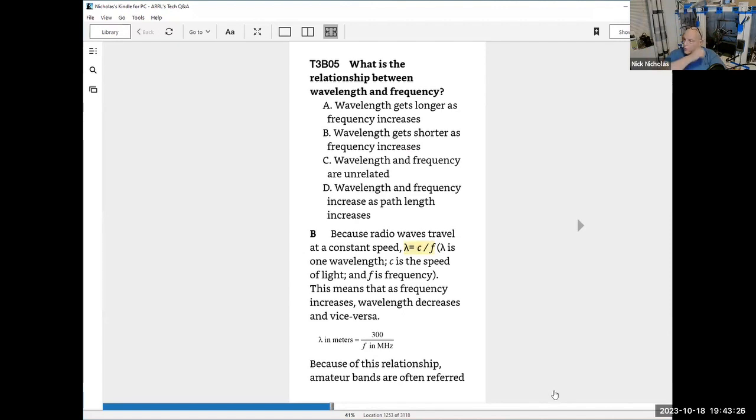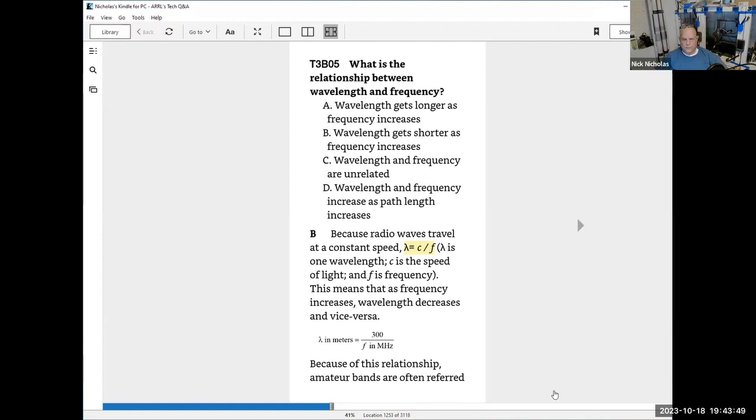Lambda, which is the Greek letter L, is equal to the speed of light divided by the frequency. C is the speed of light. The speed of light in meters happens to be 300,000 meters per second.